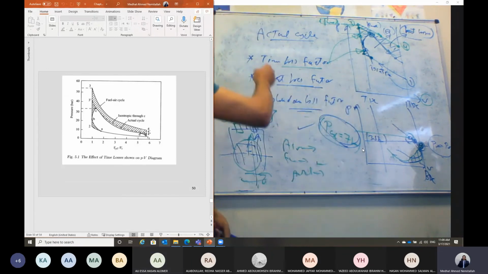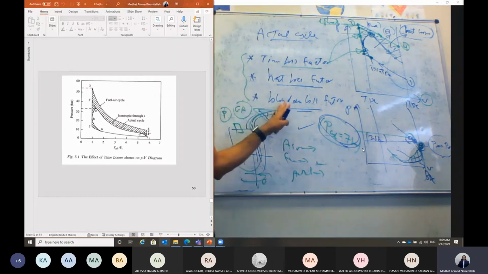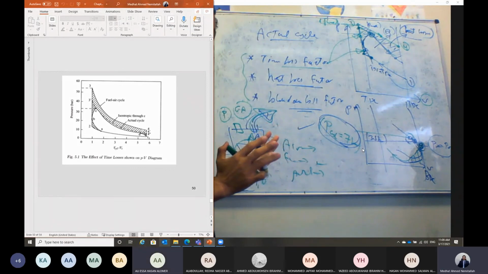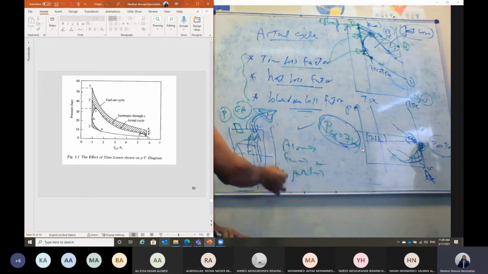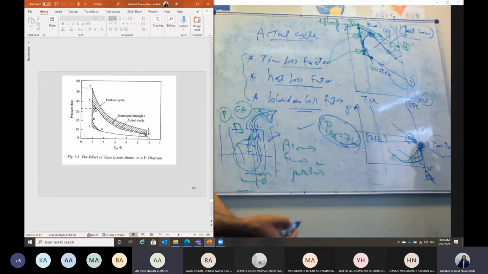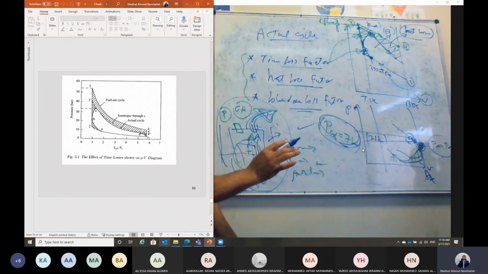Now for the actual cycle, I'm talking about the kind of losses that we should have, and we have to optimize them, just to try to reduce them. And also the heat losses, as you can see, can we just get rid of the cooling water? No, the engine will not be working in this case. So this is the case of an internal combustion engine. We should have some losses.